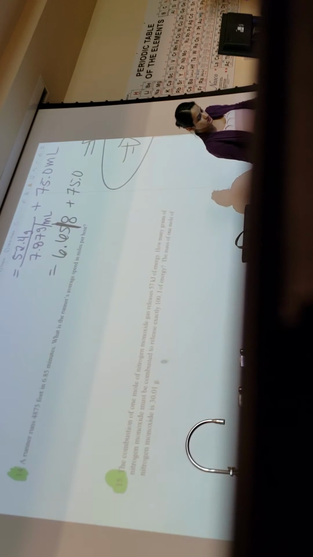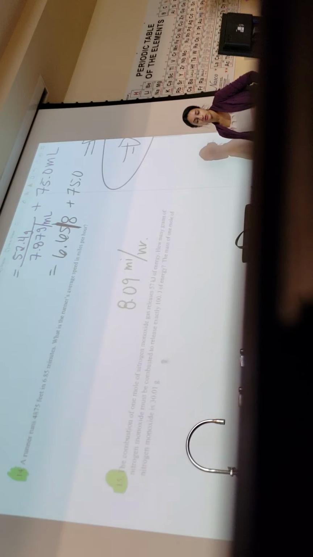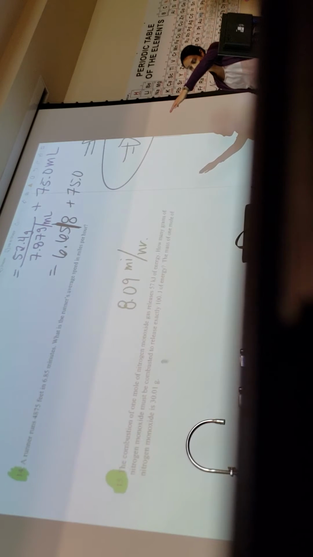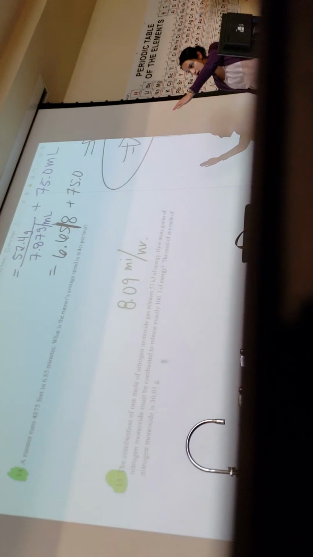Number 14. This one, you should have no problem doing, because all you're doing is going from one speed to another, just in different units. I tell you the runner runs 4,875 feet in a certain amount of time.